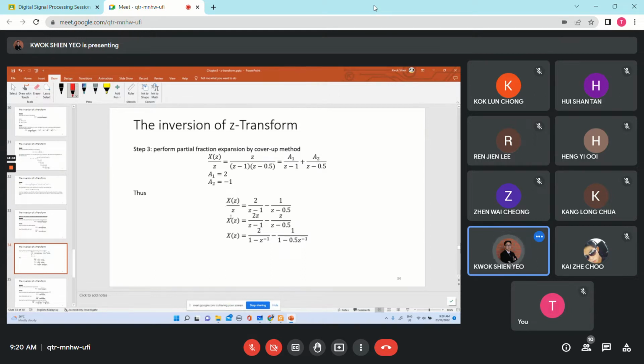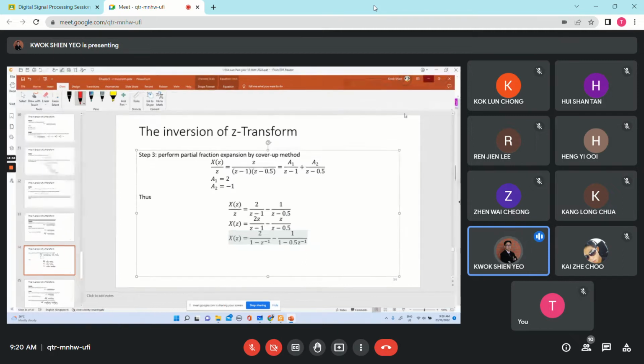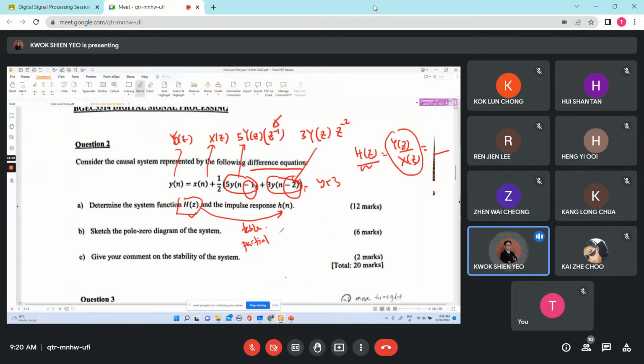So you get it like this. Make all the Z negative again. Then you can see that for the first term and the second term, you can use the table to find the xn. So for this case, you need to use the partial fraction method. I didn't go through the steps to arrive at this answer.